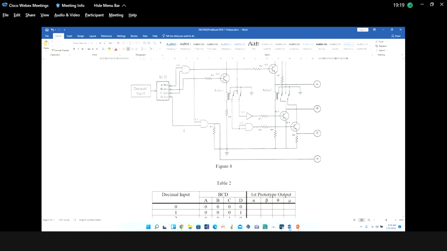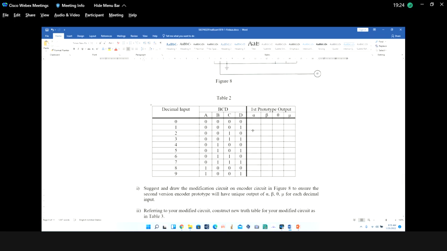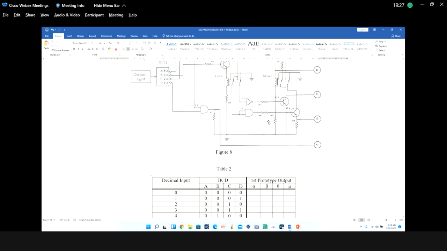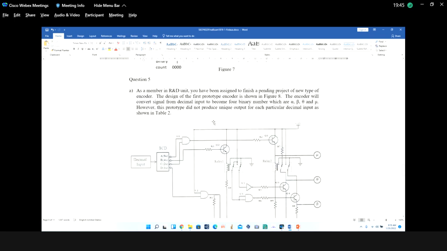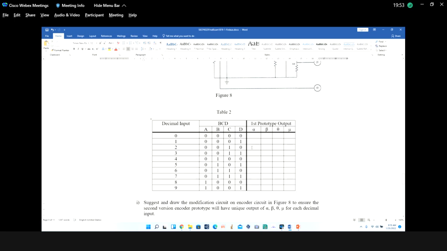Then try to get what is the output coming out corresponding to each combination of decimal here. So from this decimal input, what will be the combination of the first prototype output? Okay, but in this question I already give that it does not produce unique output. So try to get this one first. Try to get it, and this one is just an exercise for you.